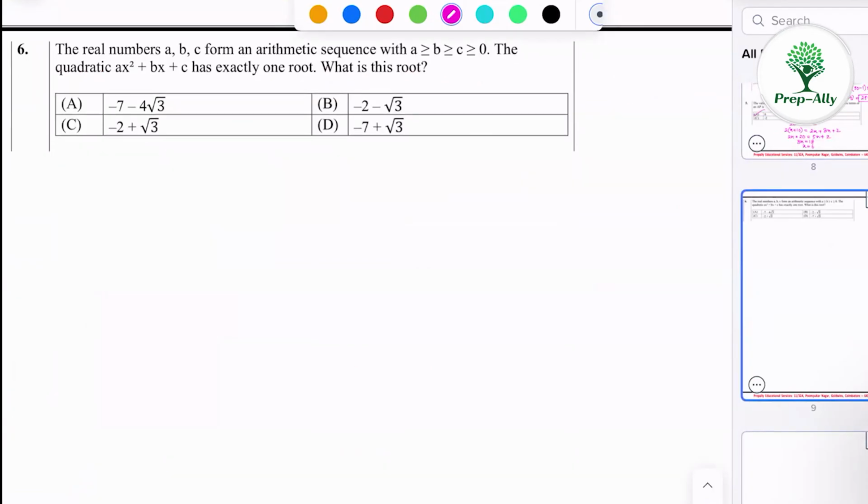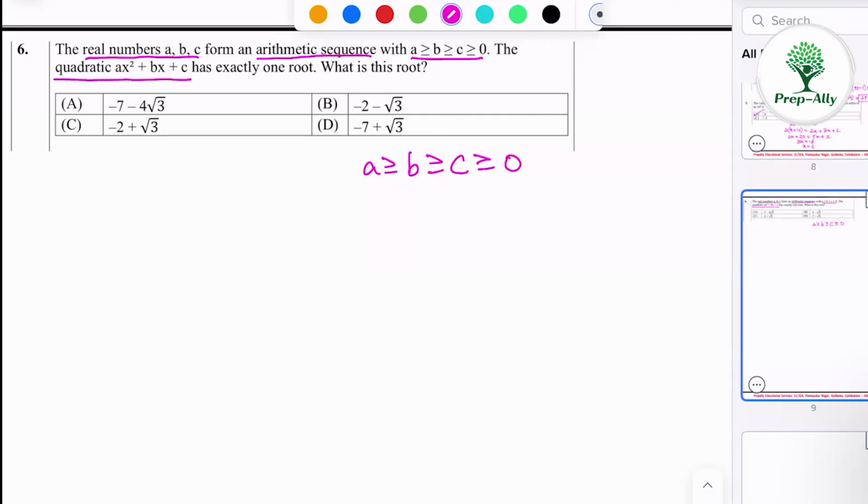Let's look at question number 6. We're given a quadratic ax square plus bx plus c, which has real number coefficients a, b, c, and they form an arithmetic progression with a greater than or equal to b greater than or equal to c greater than or equal to 0.